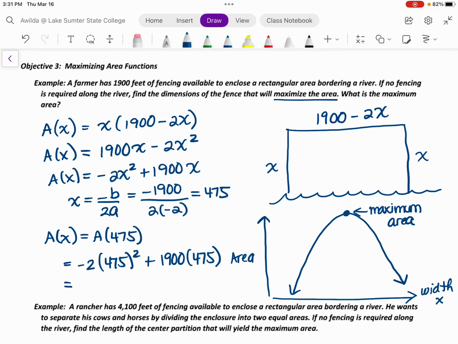These are going to be very big numbers. So I get negative 451,250 plus 902,500. So the maximum area, once I add these together, will be 451,250 feet.